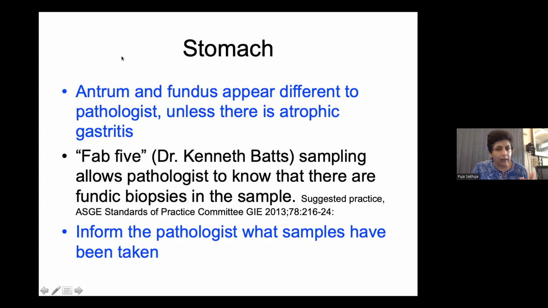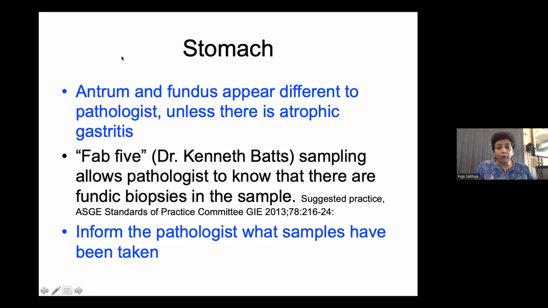In one vial, that is the way it is normally done. Those are the Fab 5 biopsies. So if you always follow the same protocol, then it makes life easier for the pathologist. In fact, it does not increase our work because I expect to see these 5 biopsies in that vial. So if I see something amiss, then I know there is some pathology there.